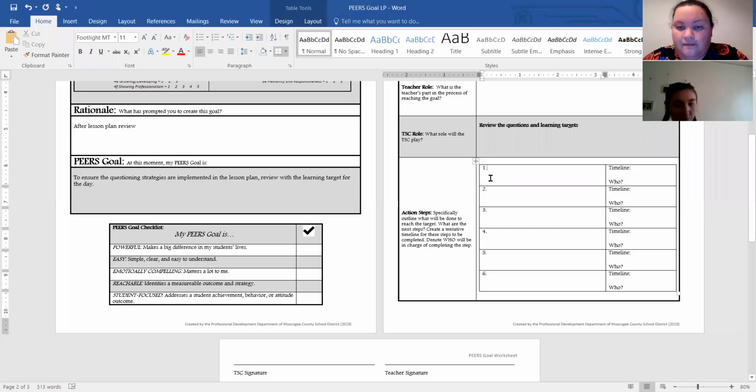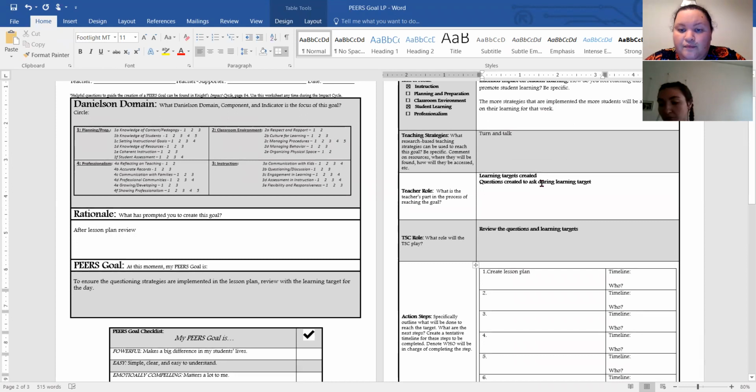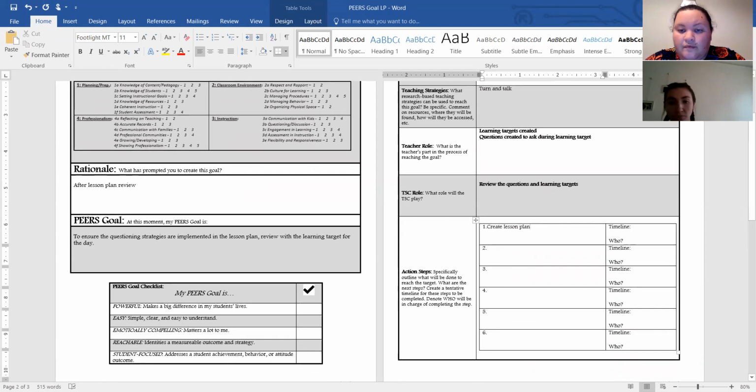The first thing you're going to do is create your lesson plan. Would the next one be me sending you the lesson plan or you reviewing the lesson plan? Okay. And then you can implement.